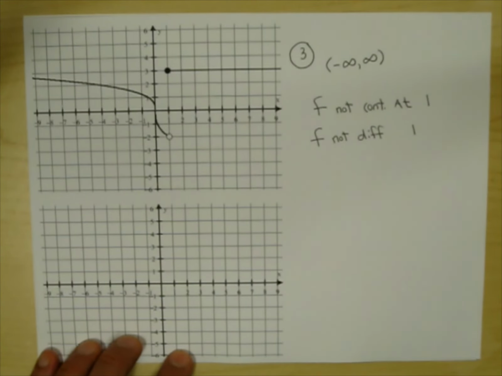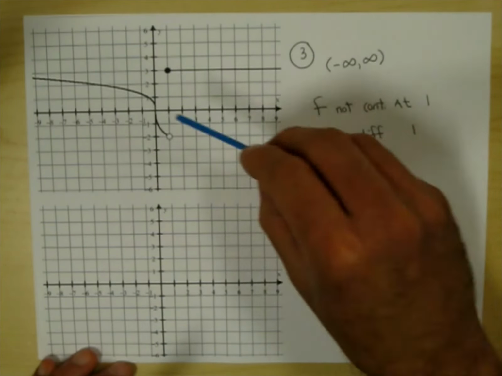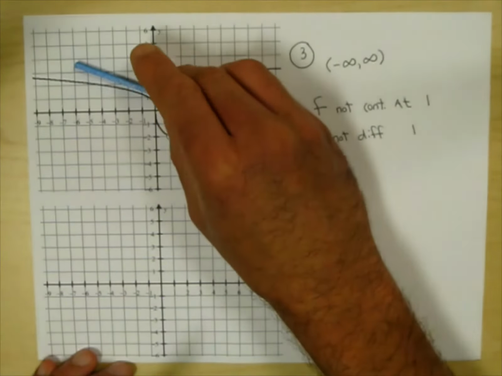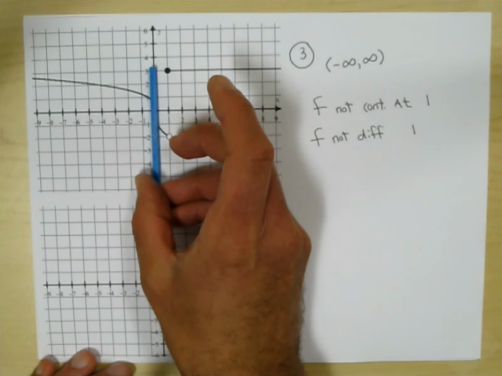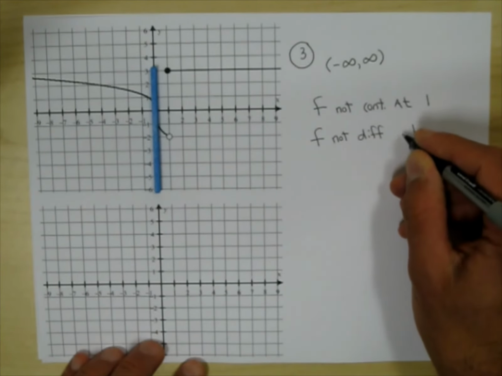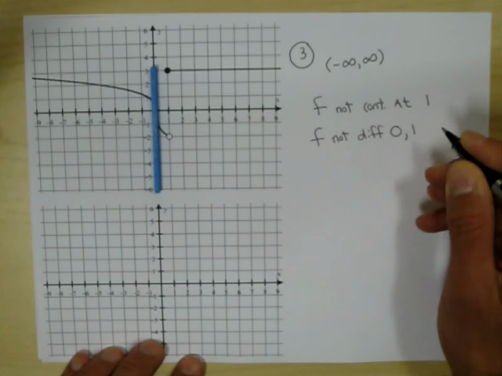F is not differentiable in 3 places: discontinuities, which we have one of; corners, I don't see any corners; but vertical tangents. And look what happens as you follow the slope of this graph. Right there at 0, 0 is a vertical tangent. So f is not differentiable at 0 and 1.